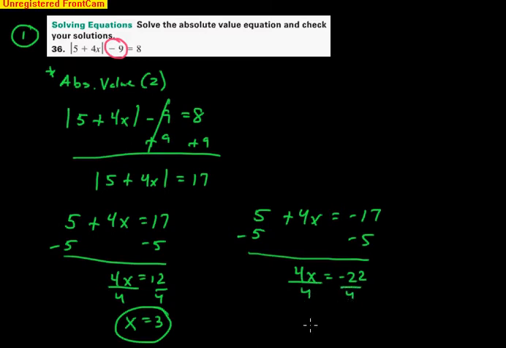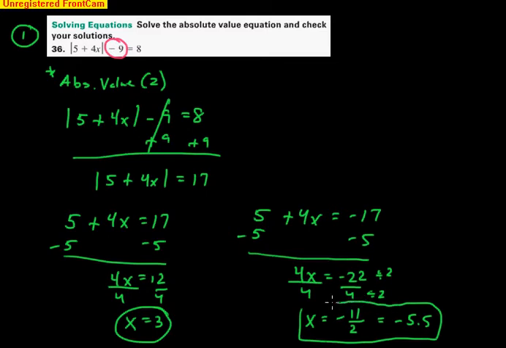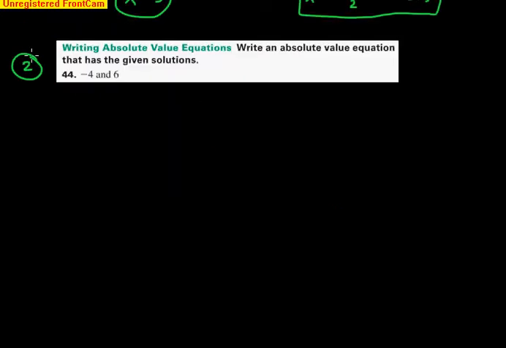Divide by 4. Both can be divided by 2. So I'll get negative 11 over 2, or you can do the decimal, which is negative 5.5. Absolute value, 2 answers.